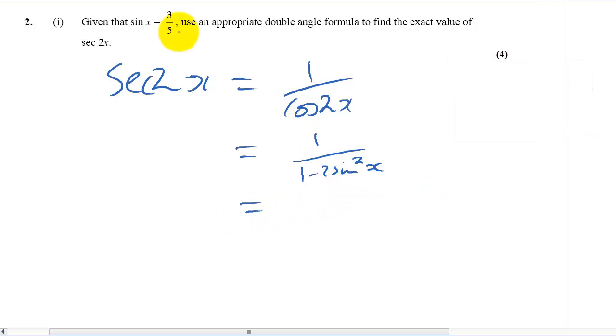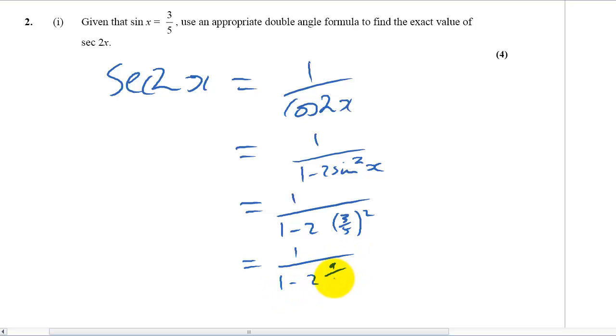Substitute sine x as 3/5. So we get 1 over 1 minus 2 times (3/5) all squared. (3/5) all squared gives you 9/25. So that's 1 over 1 minus 2 times 9/25.